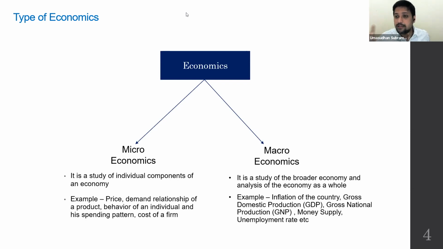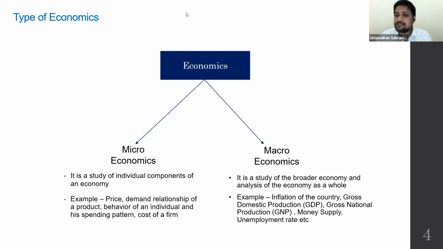That's macroeconomics. But if you are specifically talking about an individual, a specific product, a specific firm, you are trying to analyze the micro component in an economy. We are not talking about the economy at large. We are not talking about GDP, unemployment rate, or inflation.